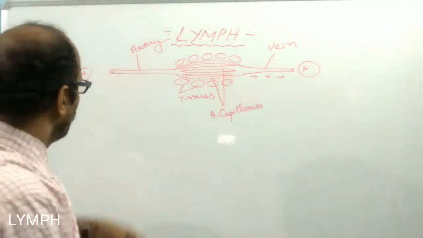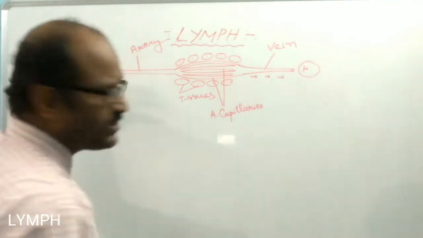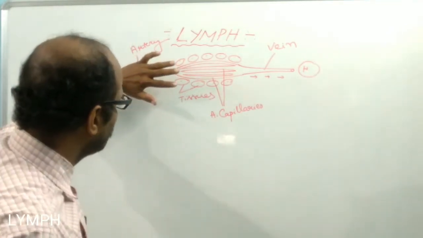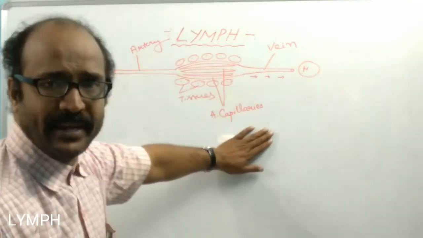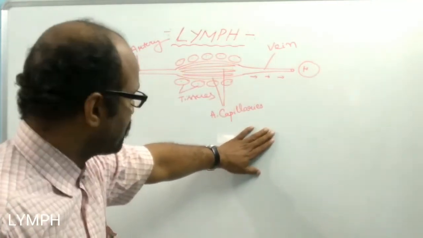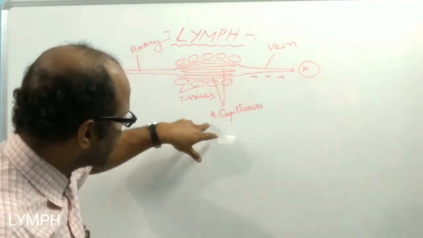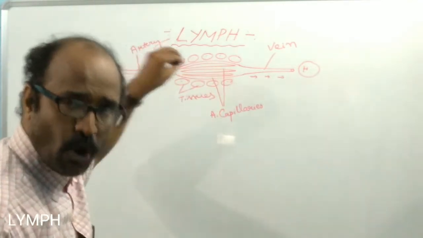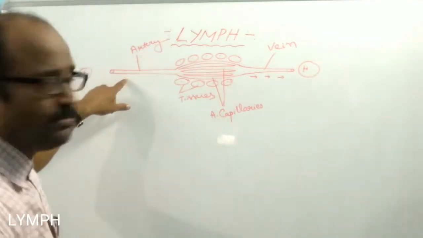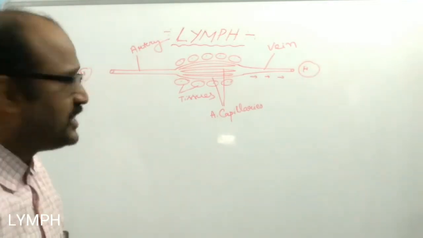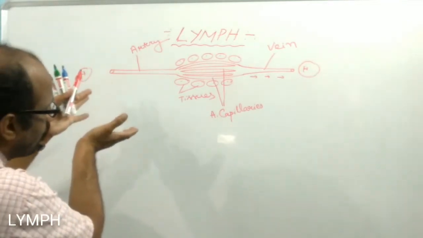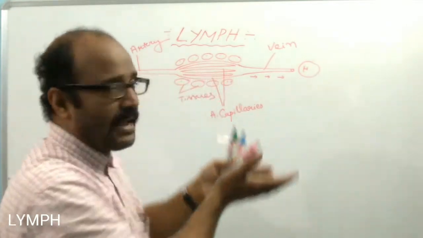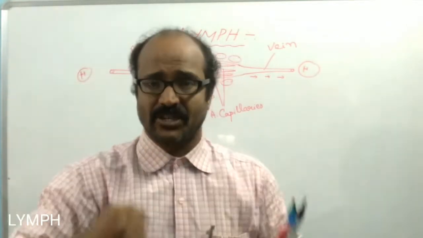So obviously more blood comes in and less blood passes through the arterial capillaries, because the lumen of the arterial capillaries is small as compared to the lumen of the artery. That's why the blood flows in the arterial capillaries at high pressure.